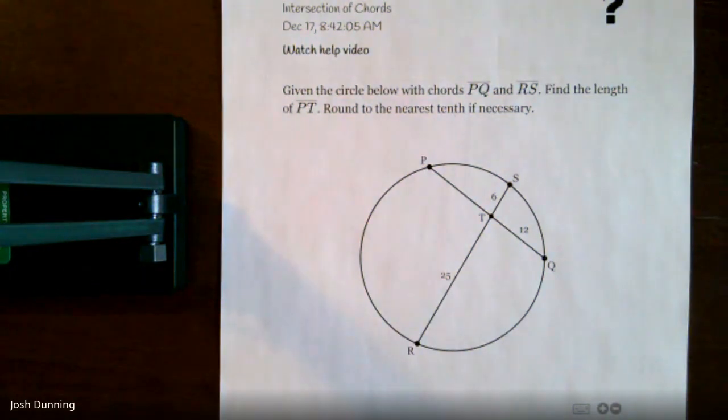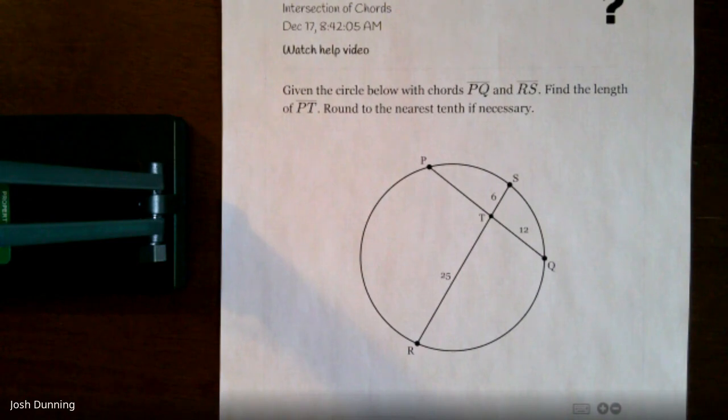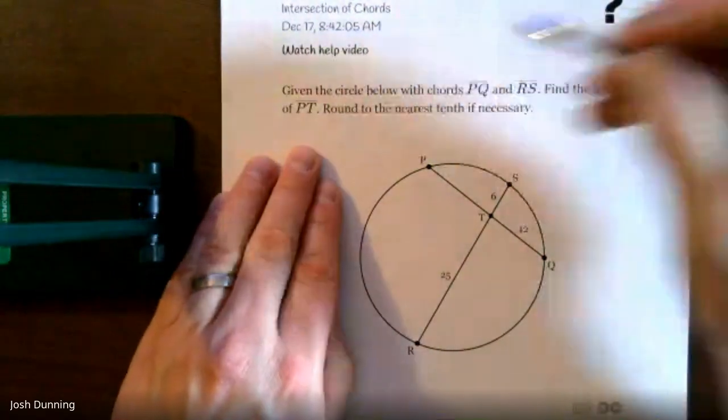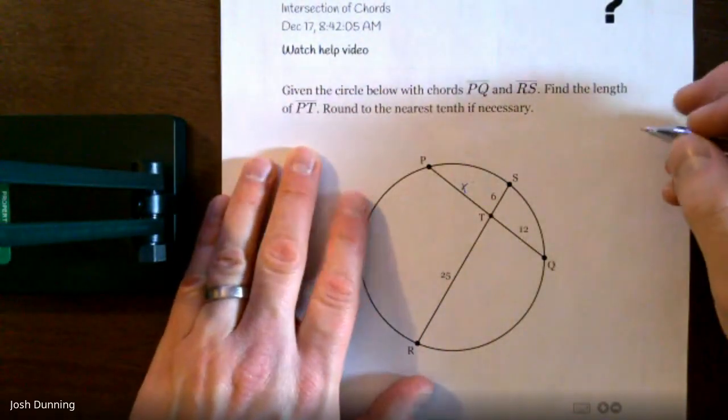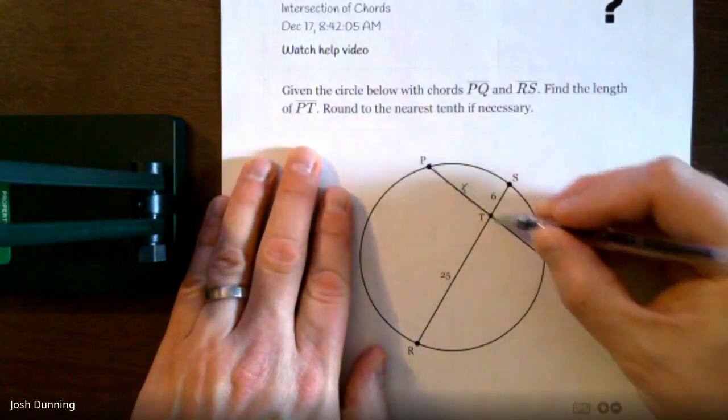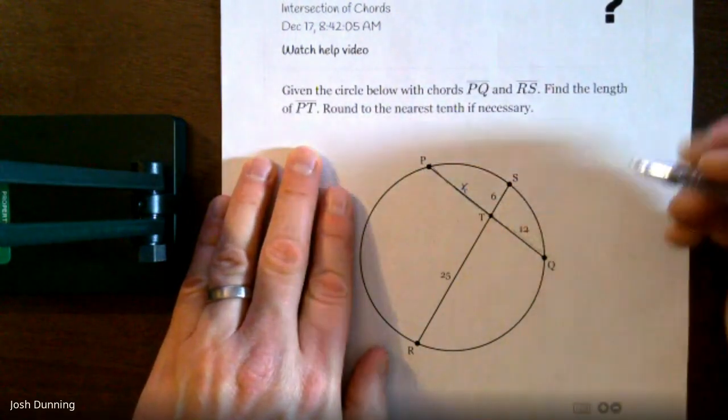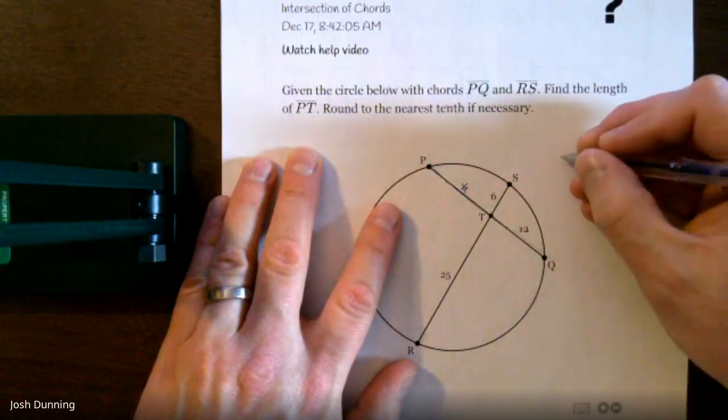All right, now these are a little bit different. On these, we're actually working with some numbers and with some math. Now we have two chords intersecting inside of the circle. We want to find the length of PT, so this one right here, X. Now the formula for this, you just go down a chord, part times the other part, X times 12.